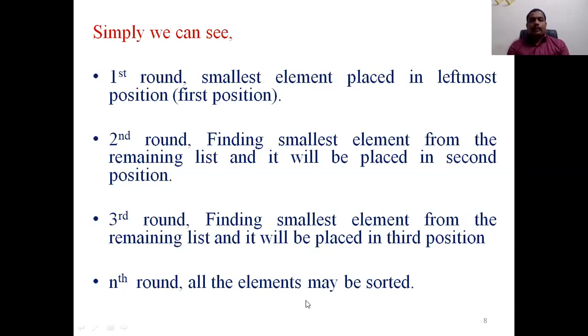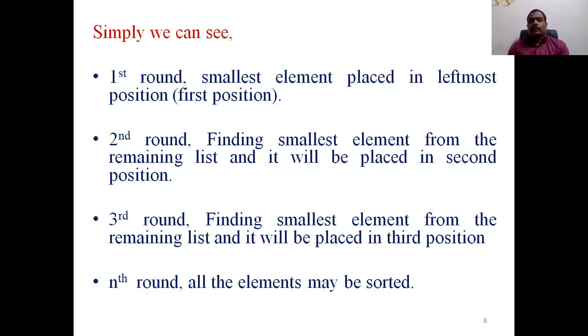In the first round, like the first pass, the smallest element is placed in the leftmost position, that is the first position of the array. In the second round, again we find the next smallest element from the remaining elements, and it is placed in the second position.